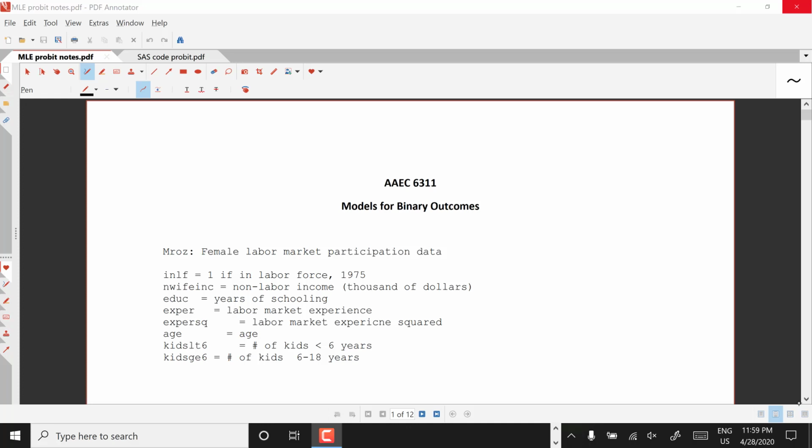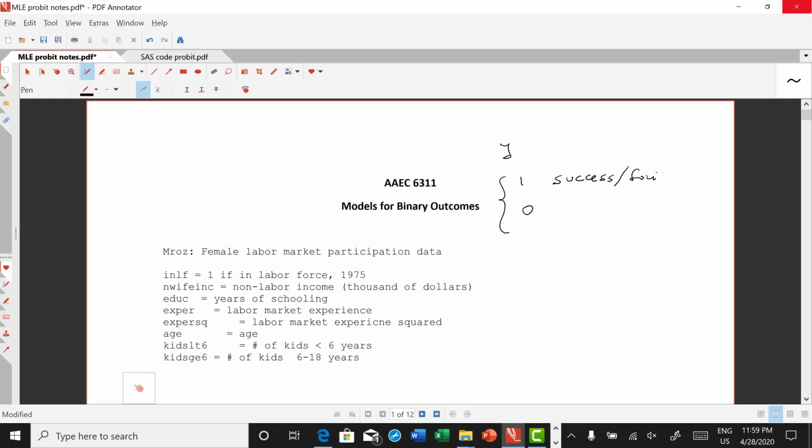So when we're talking about models for binary outcomes, what we're referring to is where our dependent variable in our model can take two values, a value of 1 and a 0, where 1 represents success or failure. So of course, 1 is going to be success and 0 is going to be failure.